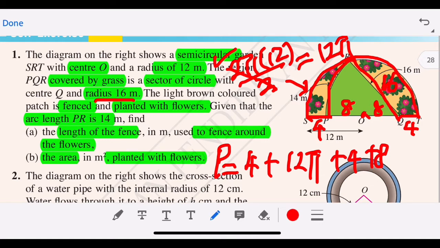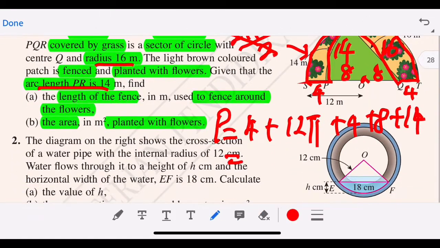Given that the arc length of PR is 14, we don't have to worry, we just add the 14.